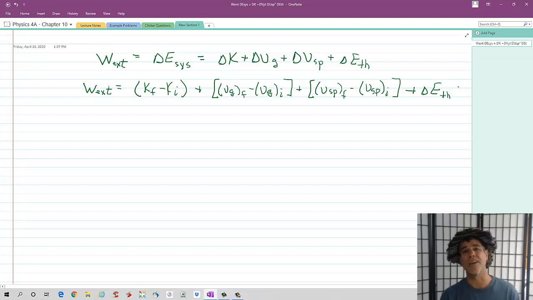Notice I'm not writing this as the final thermal energy minus the initial thermal energy because I don't generally know it.